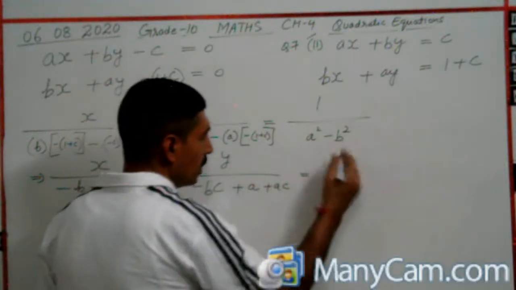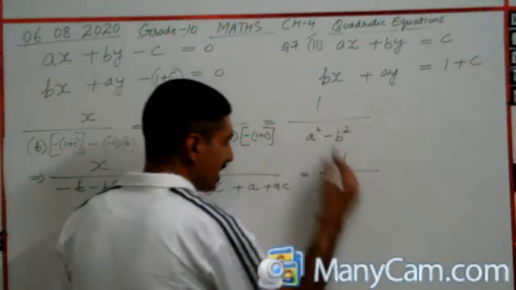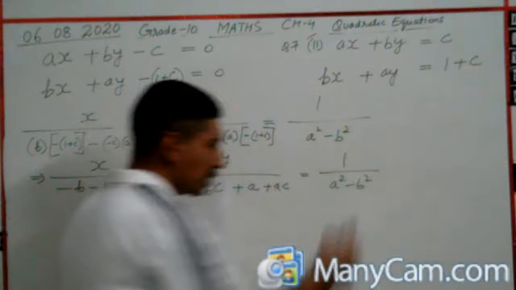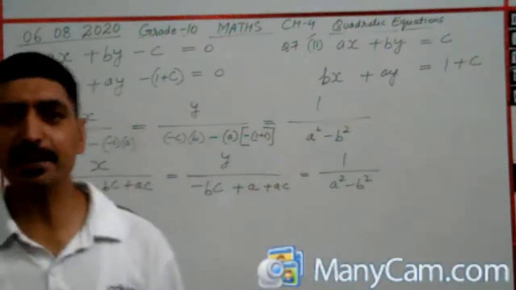It is equal to a square minus b square. Either we can keep a square minus b square or a plus b into a minus b.